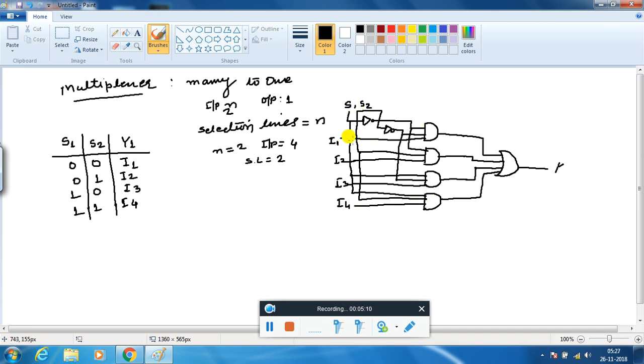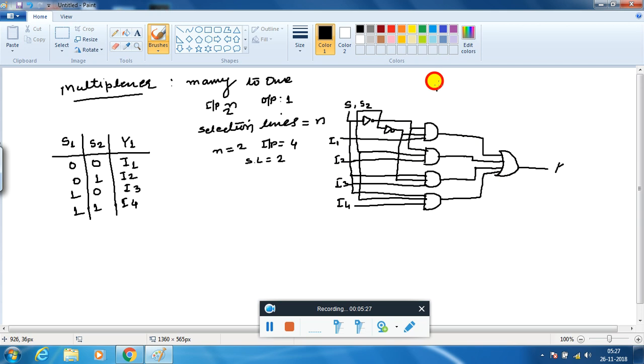You can see this is the decoder circuit, and what we are doing with the decoder circuit is putting all outputs into one OR gate, and we have four inputs. That is the only difference between the multiplexer and the decoder.